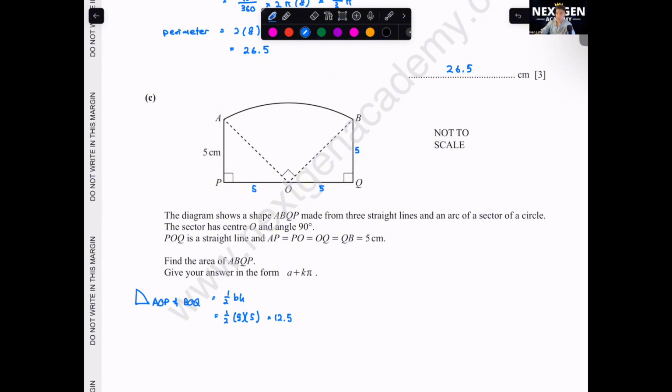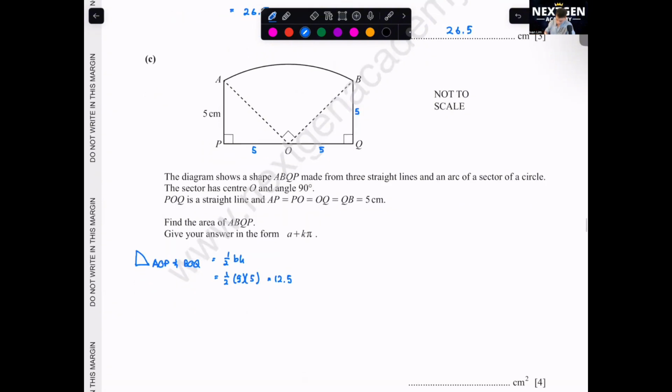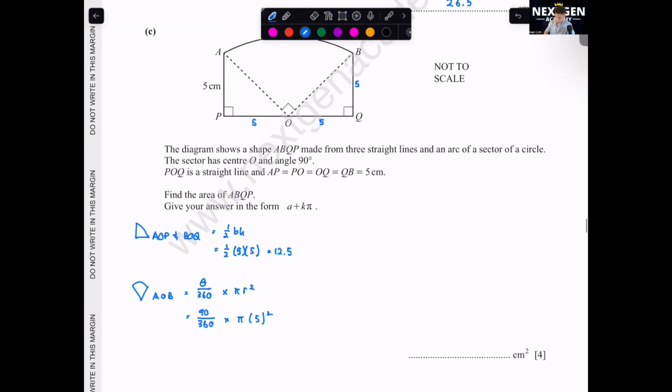Okay, the next one. Now we find the area of the sector. So sector AOB. The sector formula is theta over 360 times pi r squared. Theta is 90 over 360 times pi, times 5 squared. Okay, we will get here 12.5 pi.